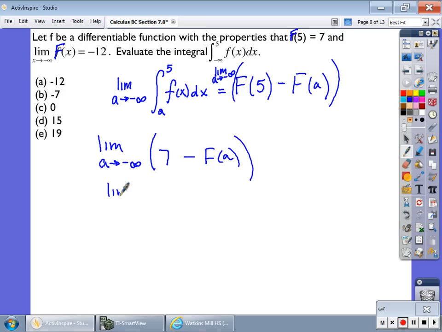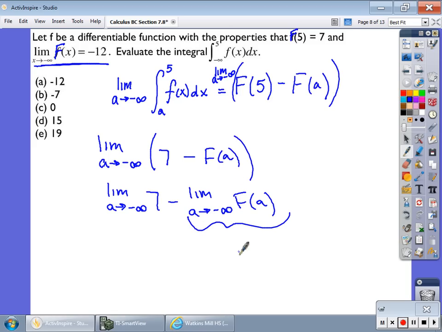But the limit as a approaches negative infinity of 7 minus the limit as a approaches negative infinity of F of a, that part comes from over here. I know it says x right there, but x is just a variable, as is a, so this expression is equal to negative 12. So the limit as a approaches negative infinity of 7 is 7, minus a negative 12, we're ending up with 19.